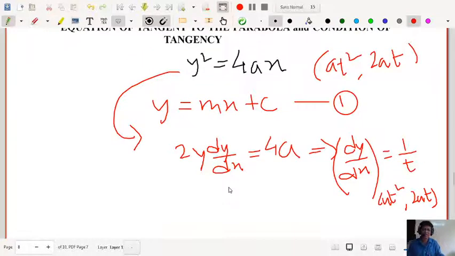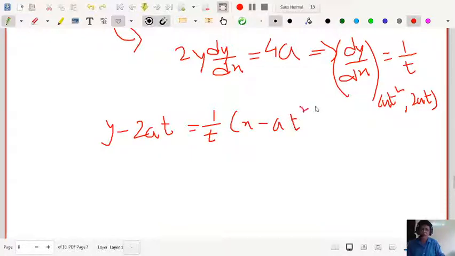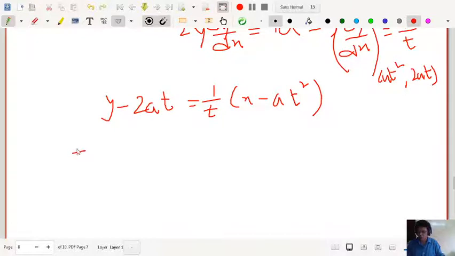So 1 by t is the slope of the tangent to the parabola. So what is the equation of the tangent? y minus 2at equal to m, which is 1 by t, into x minus at square, because you have taken a parametric point. So this is the equation of the tangent, and it will give you y equal to x by t plus at.